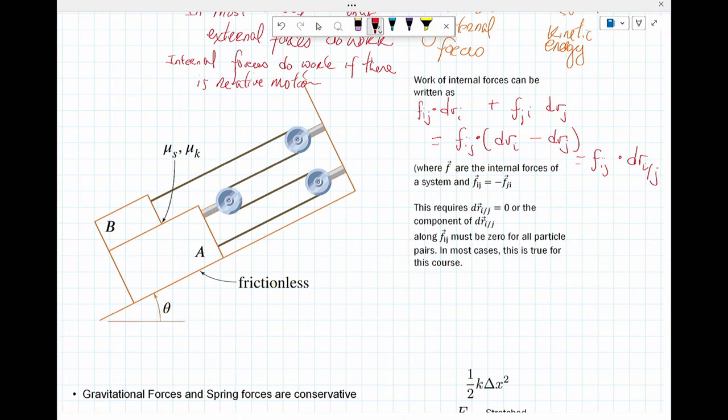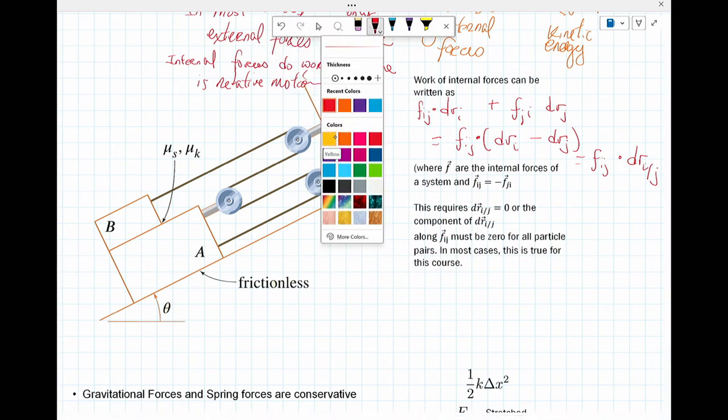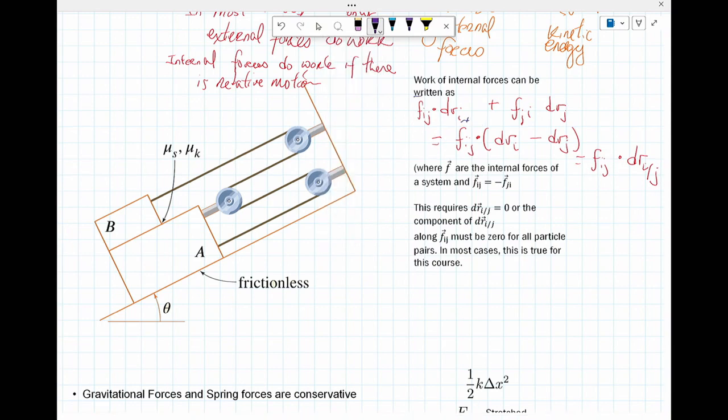And I wanted to do all of that by including that these are all vectors.